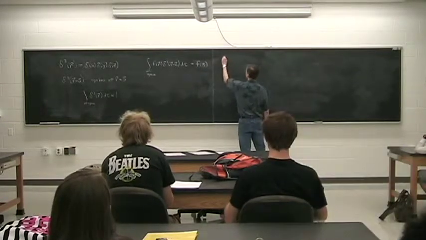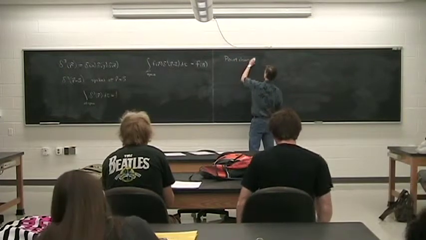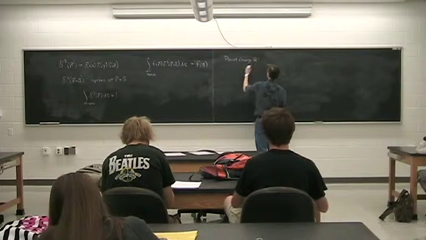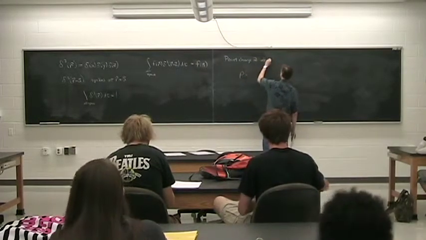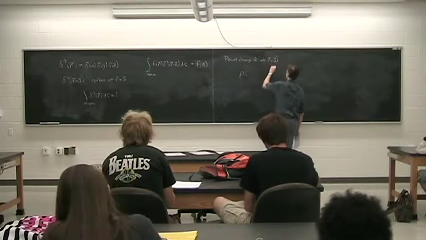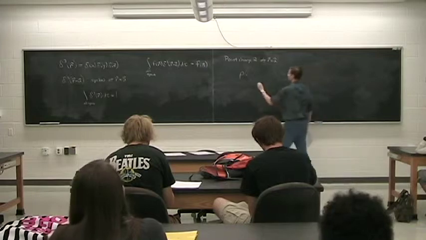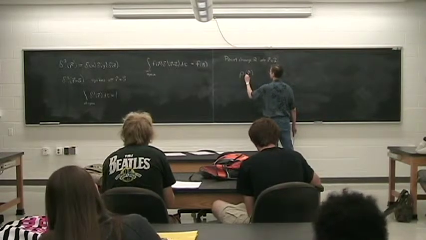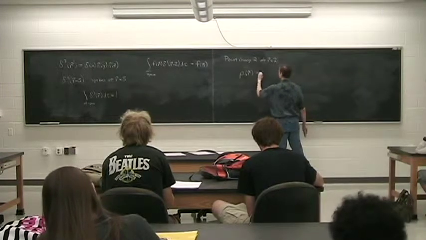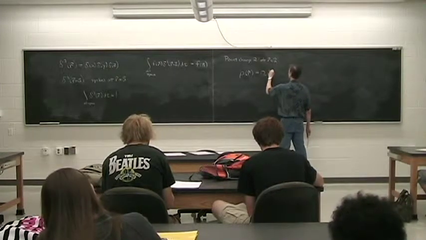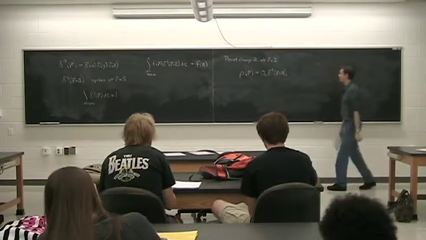What we can say is that if we have a point charge q located at r equals a, so it's located at some position vector a, then the charge density associated with that point charge, rho as a function of r, is just equal to q times the 3-dimensional Dirac delta function with argument of r minus a.